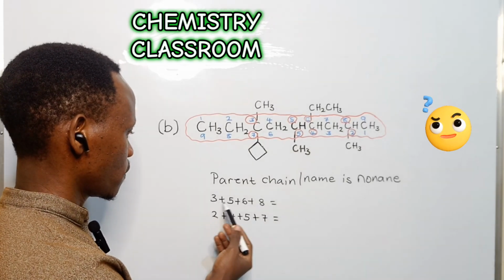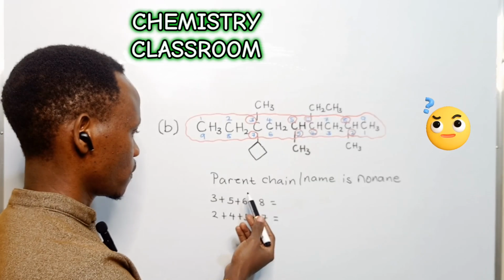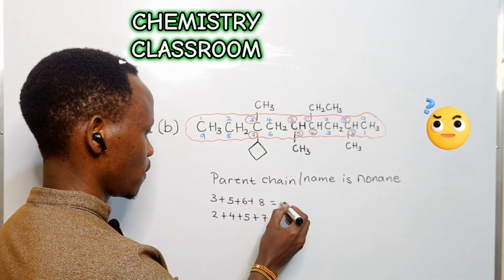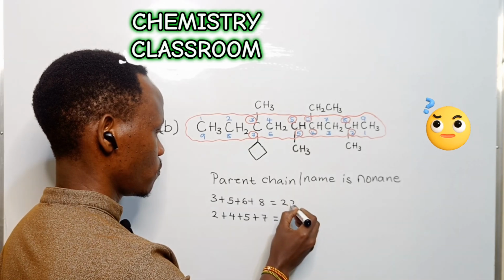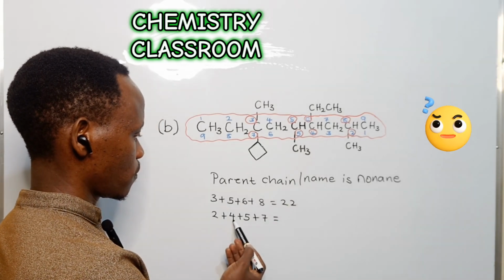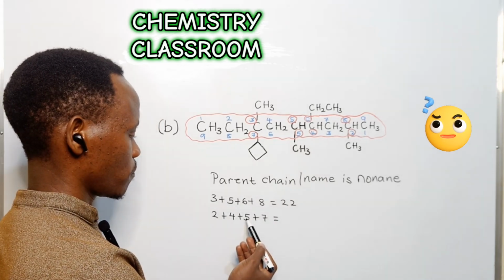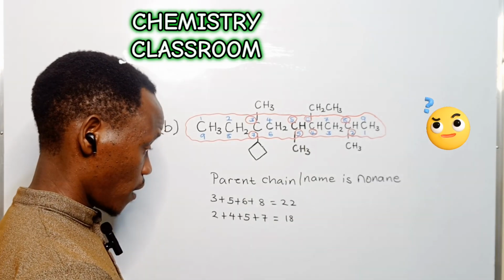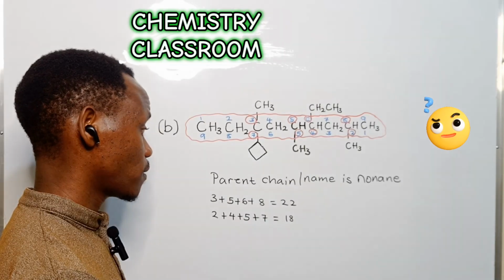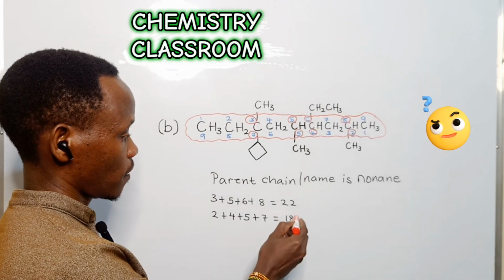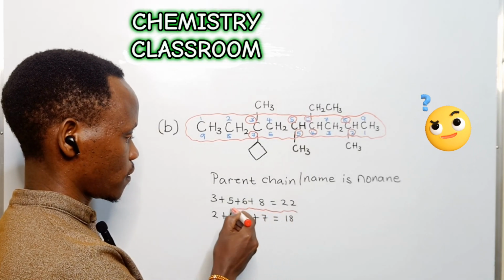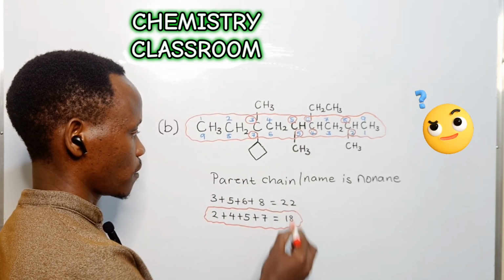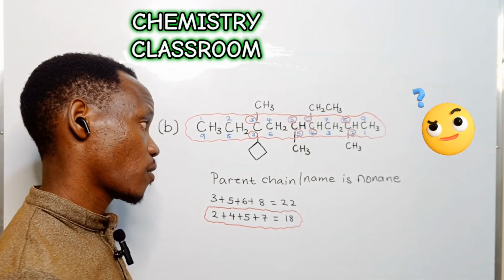So the sum of this is 8 plus 6, giving us 14, plus 8, giving us a sum of 22. And this is 6 plus 5, 11, plus 7, giving us a sum of 18. And of course, the guideline says we must use the lowest sum. And this is the lowest sum. So these numbers that are encircled are the ones that will help us to write the name of our compound.